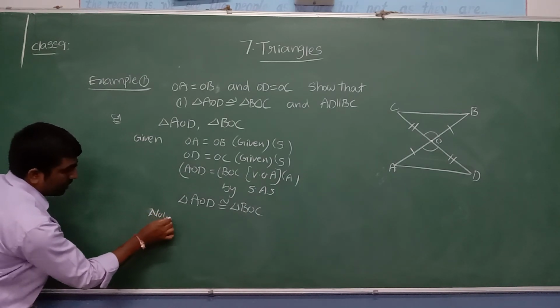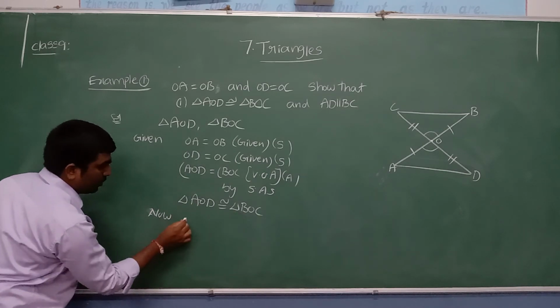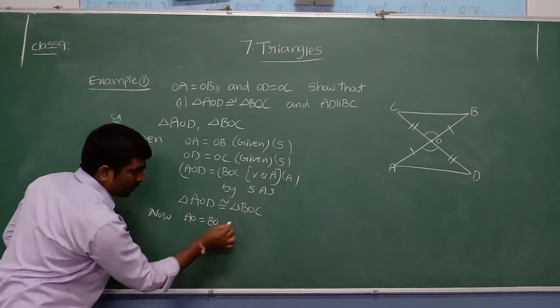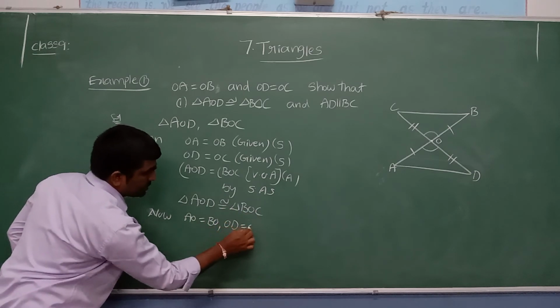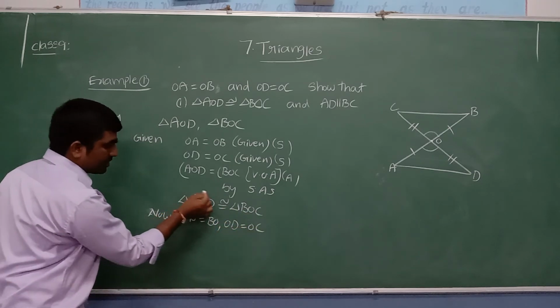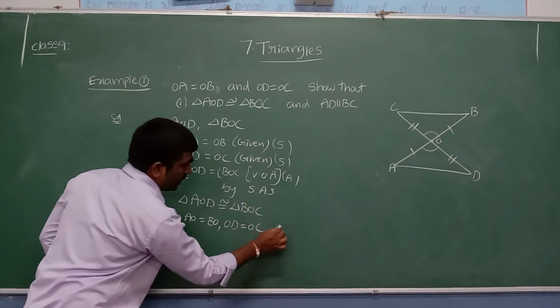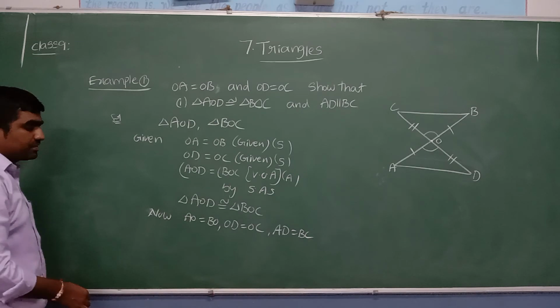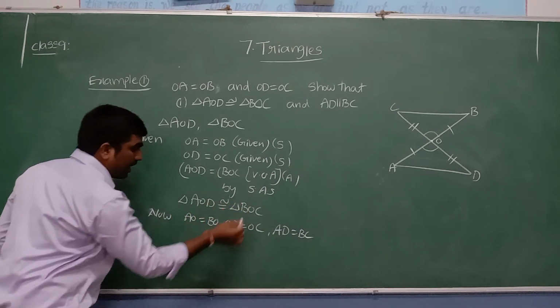Now what can we write here? AO is equal to BO, OD is equal to OC, and AD is equal to BC. Corresponding sides are equal, and corresponding angles are equal.